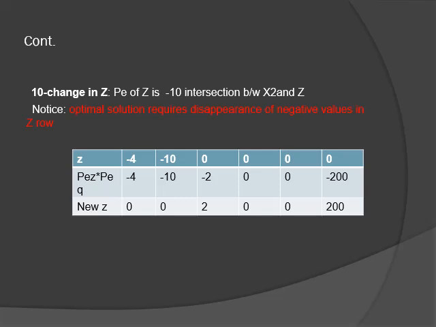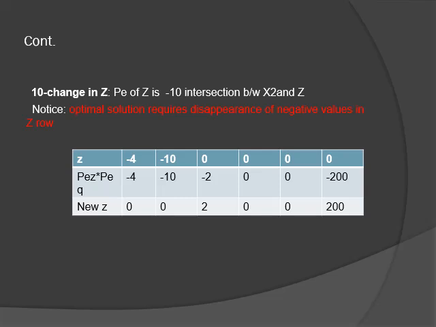Copy z as given in the primal table: negative 4, negative 10, remaining 0. The pivot element of z is multiplied by the pivot equation.